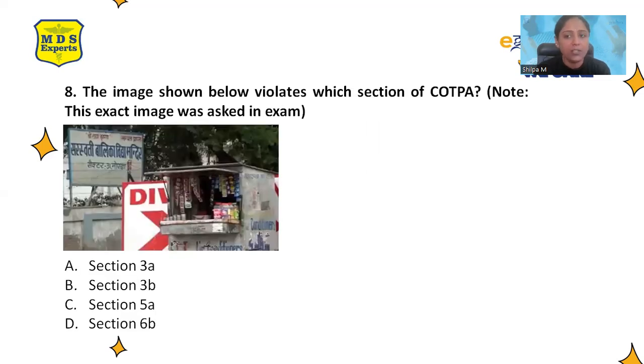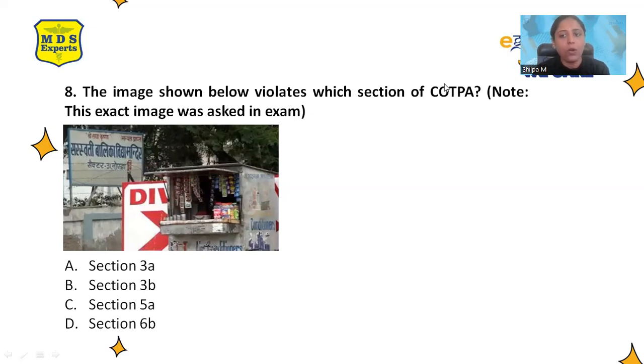We have an image-based question here. The image shown below violates which section of COTPA? So Cigarettes and Other Tobacco Products Act of 2003 enacted in 2004. So this image has been directly taken from Google Images, as we know now. So you can see a school here, Saraswati Balika Vidya Mandir, and you can see a shop here selling tobacco products.